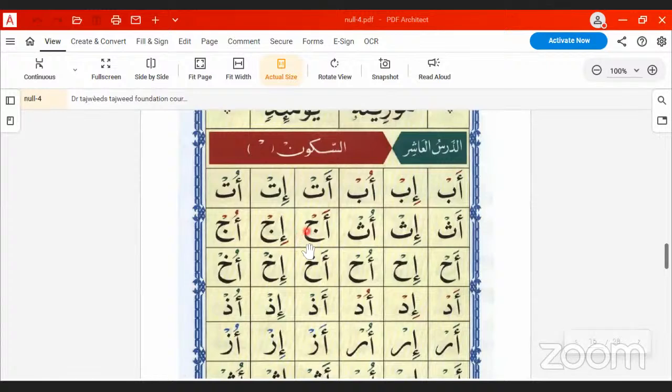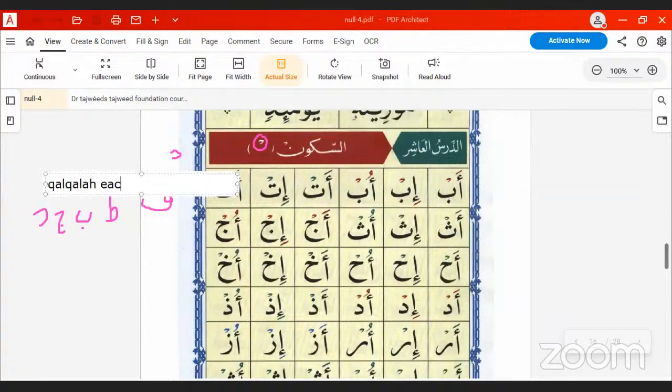Now see, didn't I say the shape of the sukoon is like a small ha, the head of the ha, like this. Which letters do we have to be careful with? Qaf, Ta, Ba, Jim, Dal. These five letters we have to be very careful with because they fall under the category of kalkala.